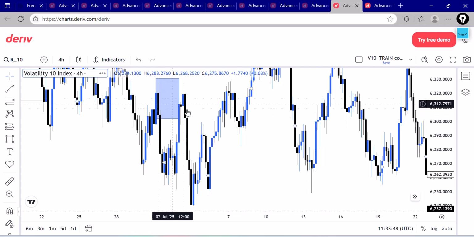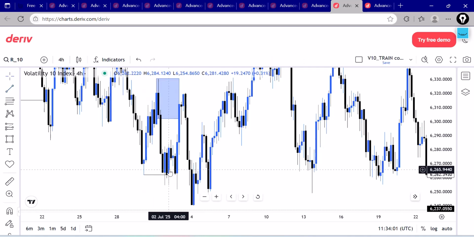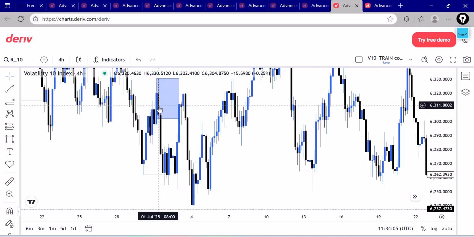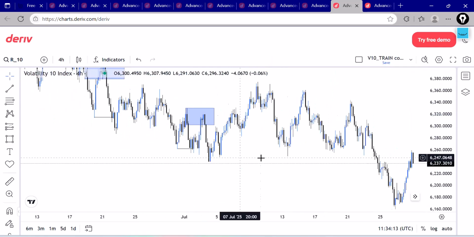This candle right here is the last down candle that formed before this movement downward, and then there was a break of structure downward. There's an imbalance between this candle, the second, and the third candle. And then when price came into that zone, it sold massively down.